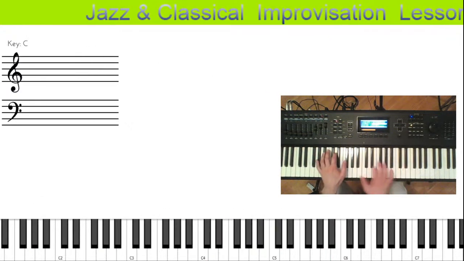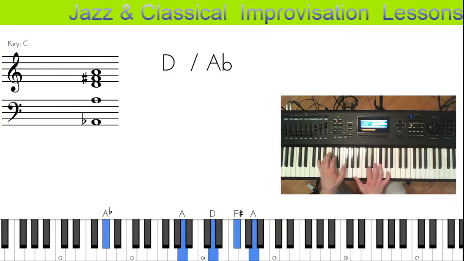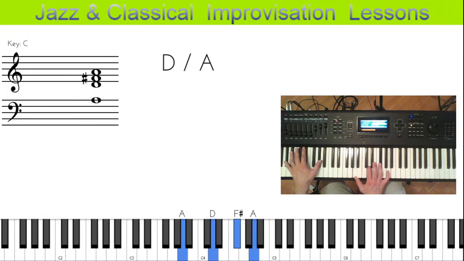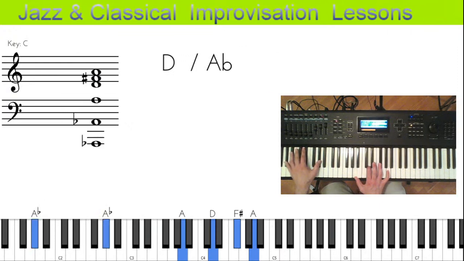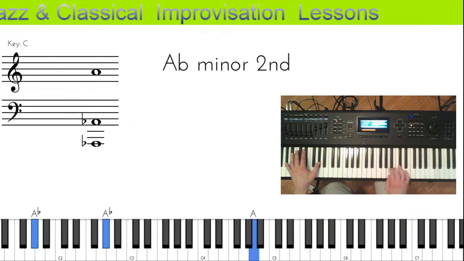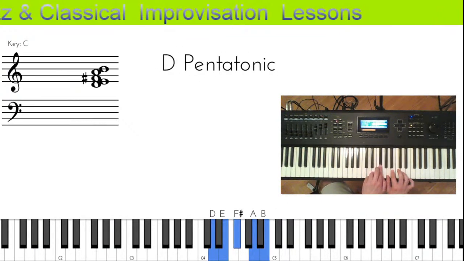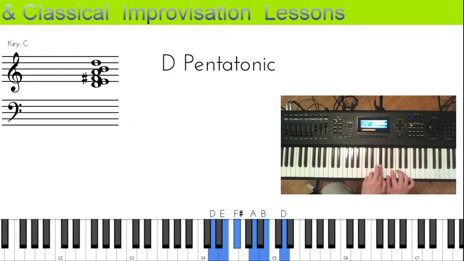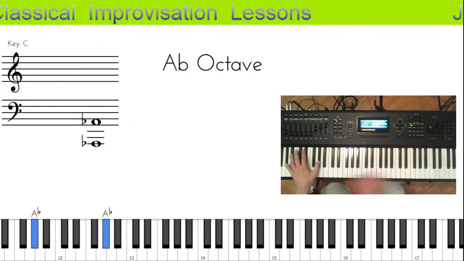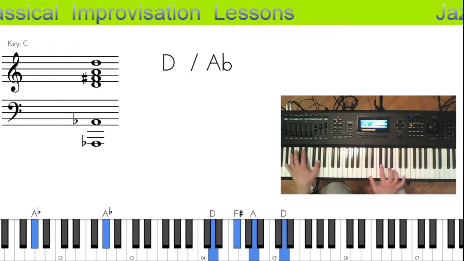Now this was very interesting. Look what I have done here. We have here D major with this G sharp. The scale I'm using here is D pentatonic, okay, with another tone, so it's a small dissonance here.